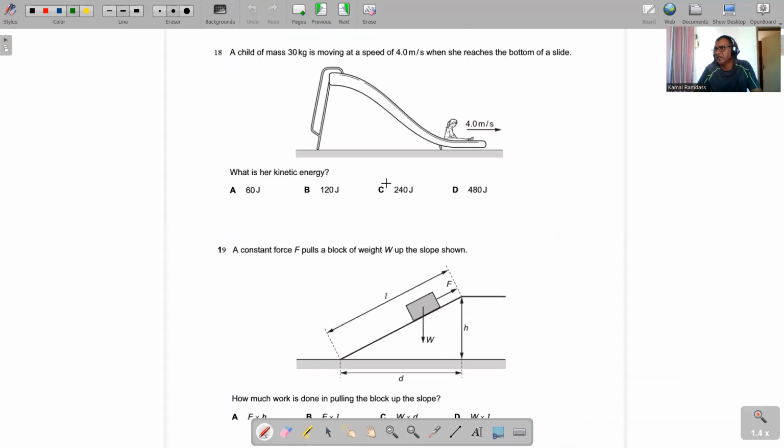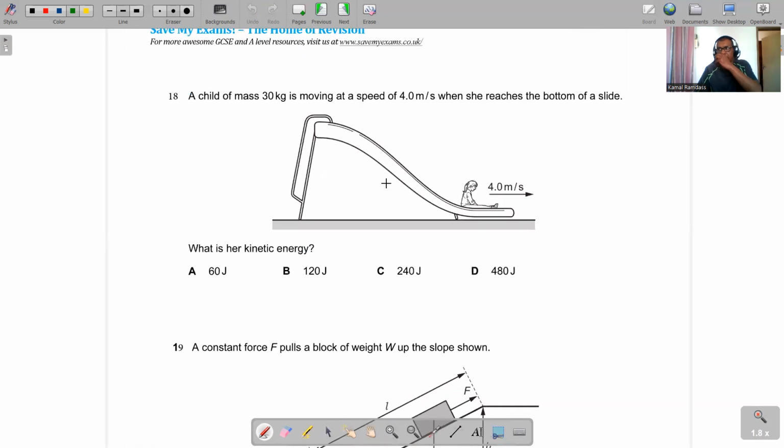A child of mass 30 kg is moving at a speed of 4 mètres par seconde when she reaches the bottom of the slide. What is the kinetic energy? Bon, il est trop simple.